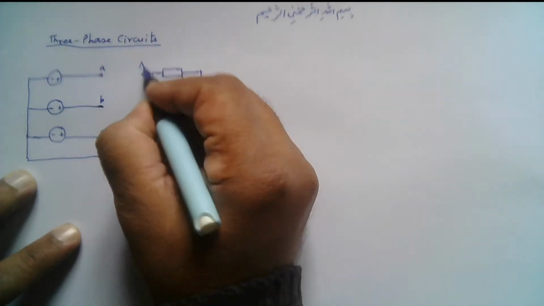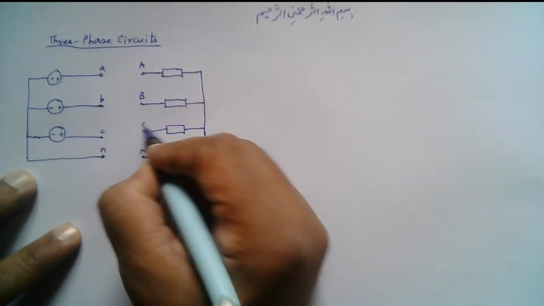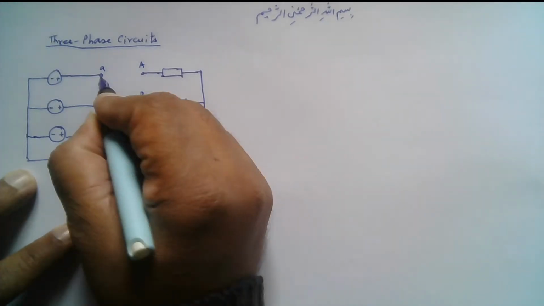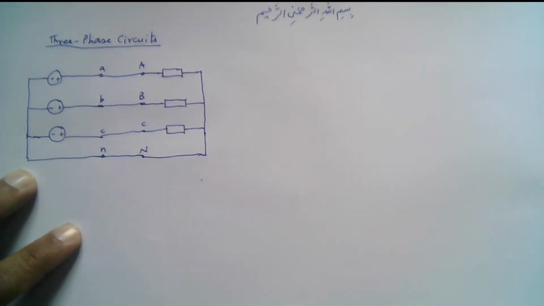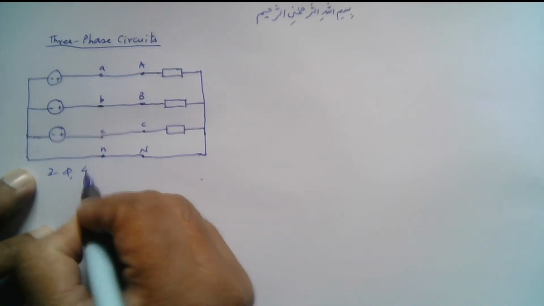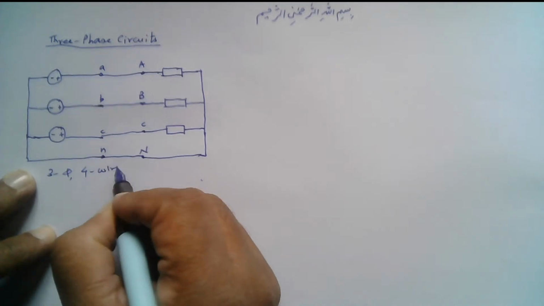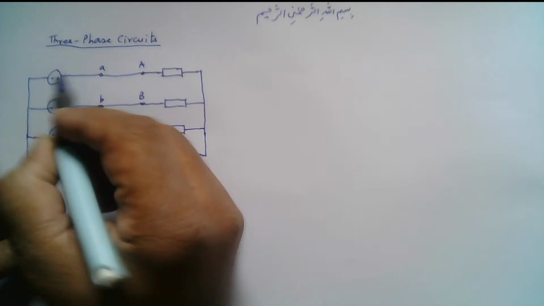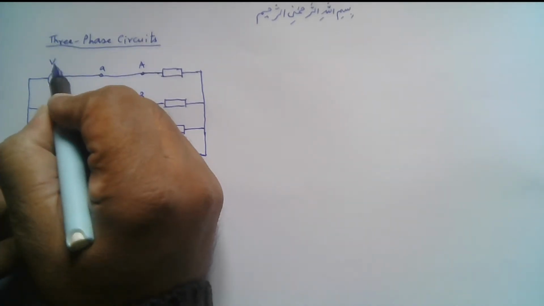So this is A, capital B, capital C, and these are connected together like this. So this is a three-phase, four-wire system. So let's say this is voltage.